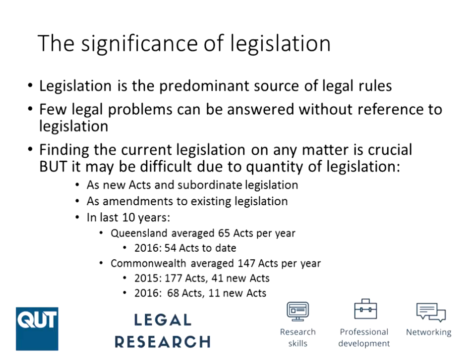The Commonwealth, however, has generally averaged around 147 acts every year. So last year it was 41 new acts, a total of 177. But if you look at this year, we're actually a lot lower, only 68 acts and only 11 new acts. And I think this reflects the challenges facing what is pretty much a hung parliament.